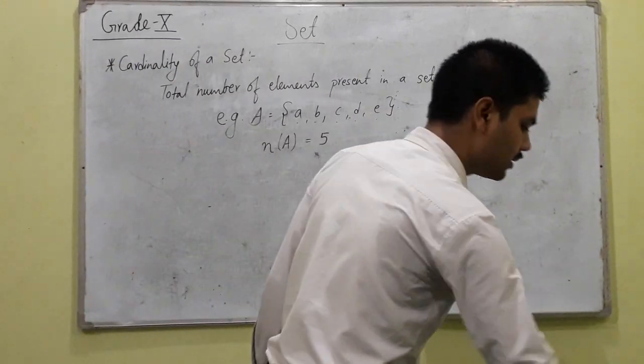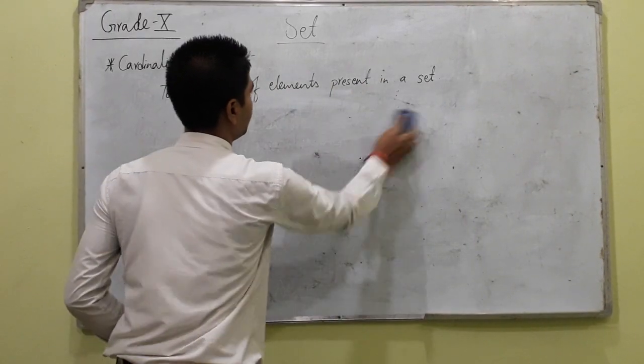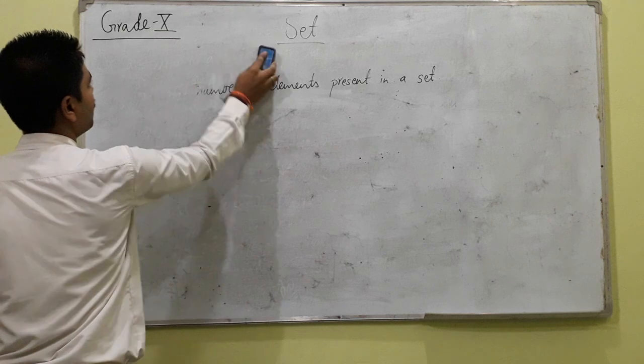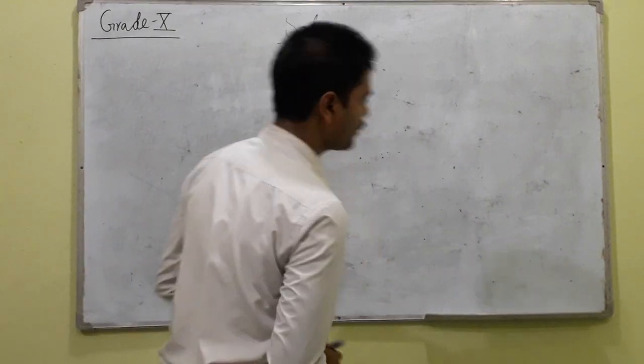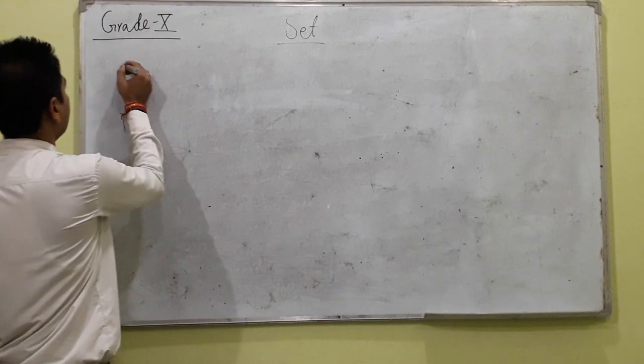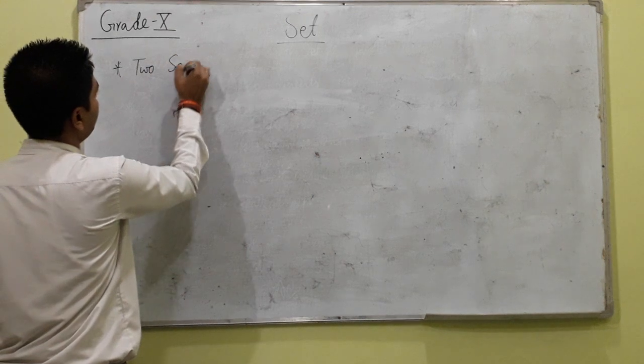What students in grade 10 actually need to study is the formulas, some formulas that can be utilized in solving questions related to sets. That is like two set questions.